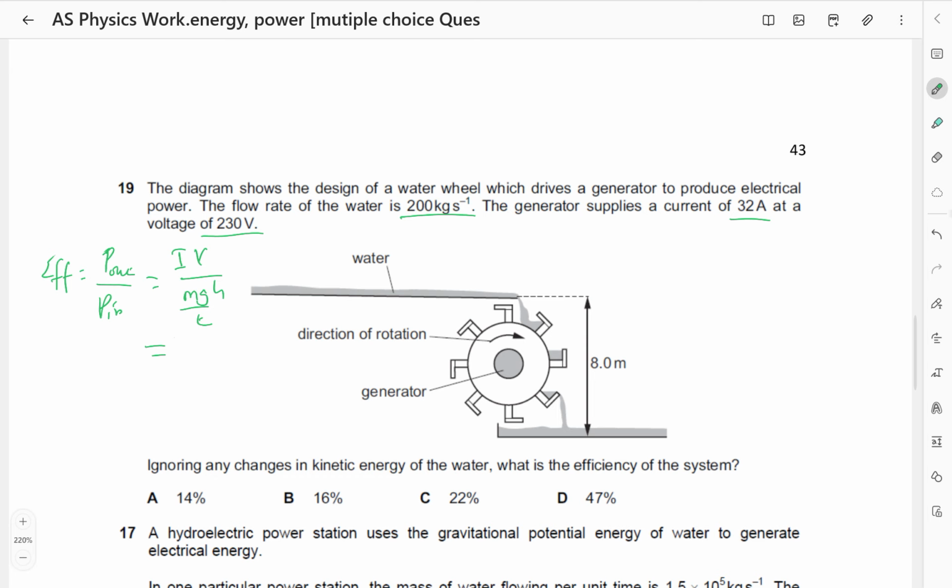So we shall now just substitute here. I is 32 times V, which is 230, divided by m over t, which is given as 200, times g, which is 9.81. They told us the water is moved through a height of 80 meters, so h is going to be 80 meters.